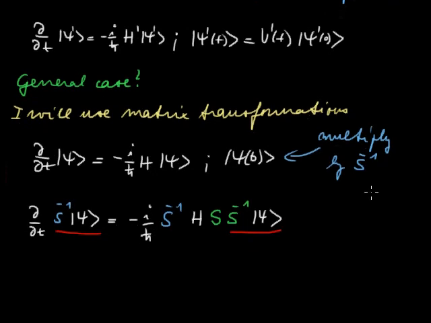And here, to my pleasant surprise, there is this S to the power of minus 1 HS, which is my diagonalized Hamiltonian. So here I have H prime, my diagonalized Hamiltonian, and this would be the psi prime.